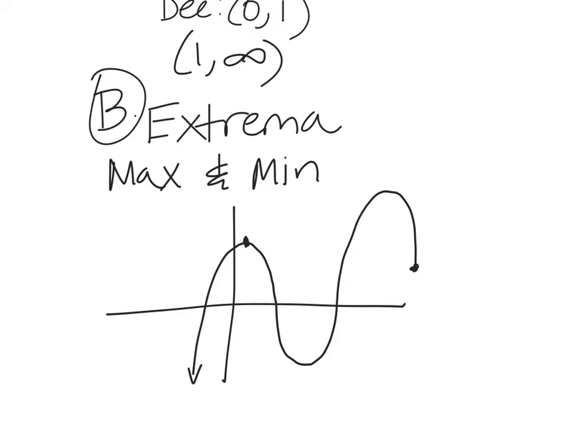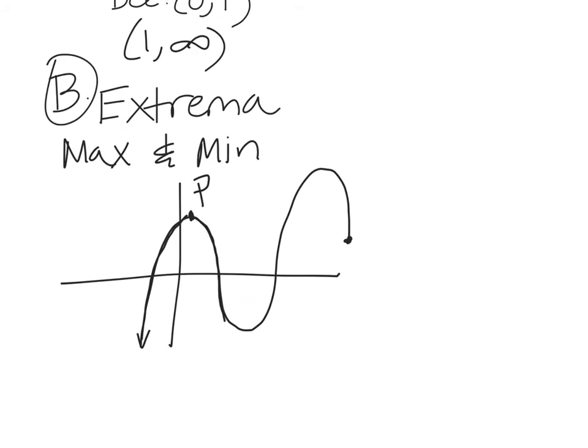And that point is a maximum. So if it's increasing on the left and decreasing on the right, it's a maximum of the graph. Now, is that the maximum of the graph? No. It's called a local maximum. So P is a local max. It's a maximum in its neighborhood.